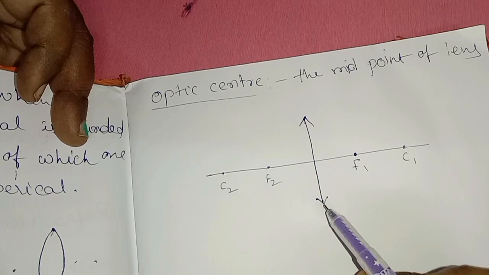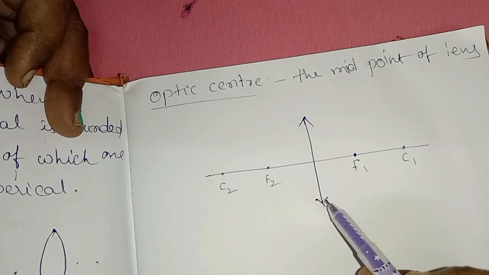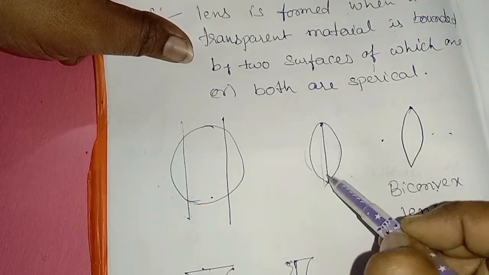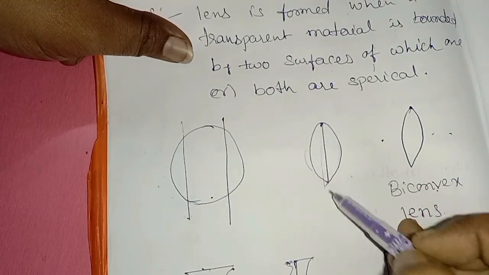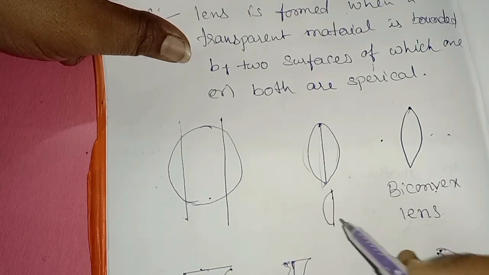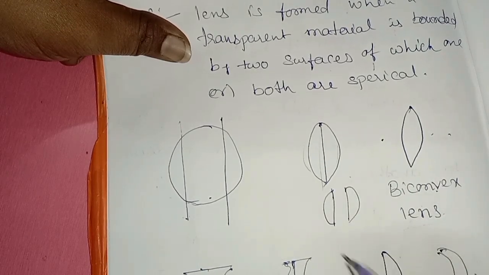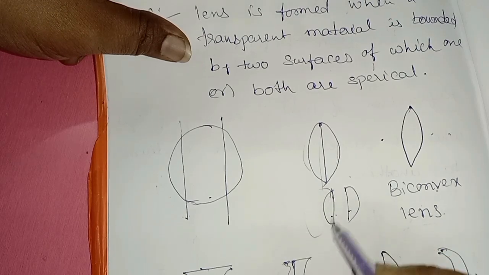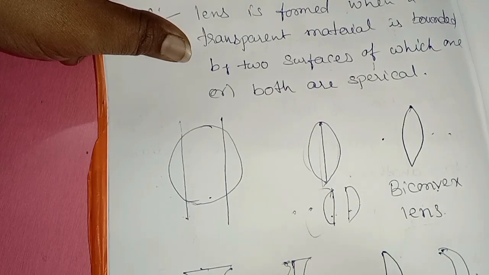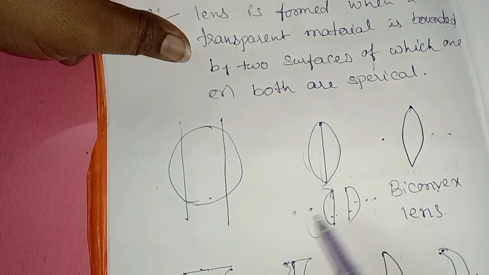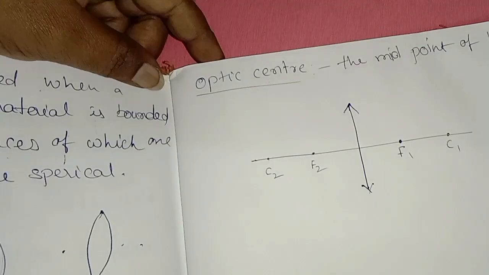Because it is a biconvex lens, right? So we are getting two plano convex lenses, here I have one plano convex, right? These two are bounded by each other. This lens may have different focal length and center of curvature, and that one may have different focal length and center of curvature, right? So we are using that only here.